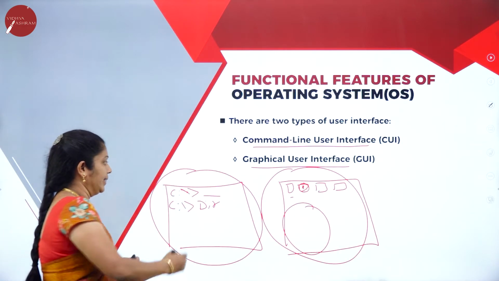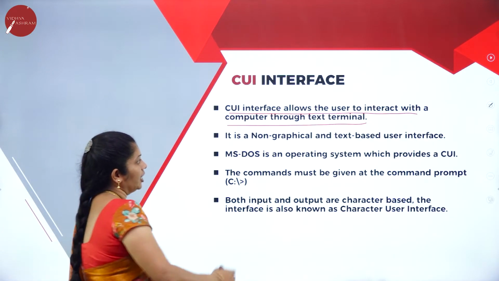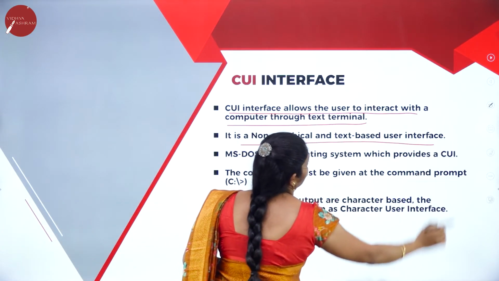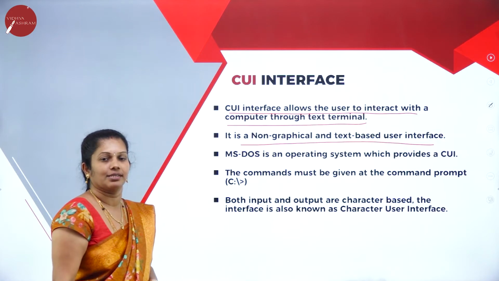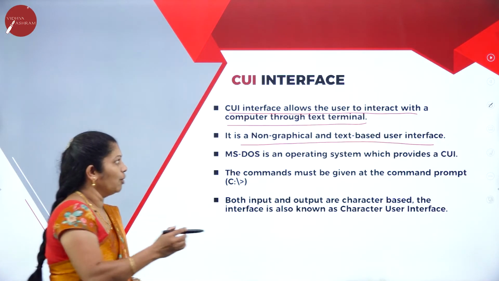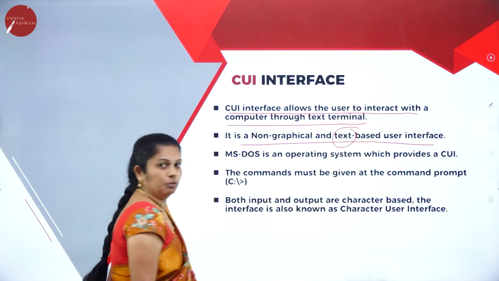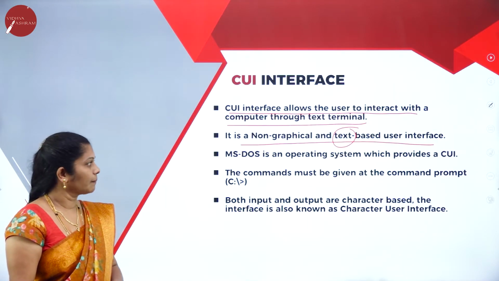As I already told you, in the text terminals I can interact here. It is a non-graphical, text-based user interface. Here we are not going to get any pictures. Only with the help of commands, with the help of text only, I can process the transaction.